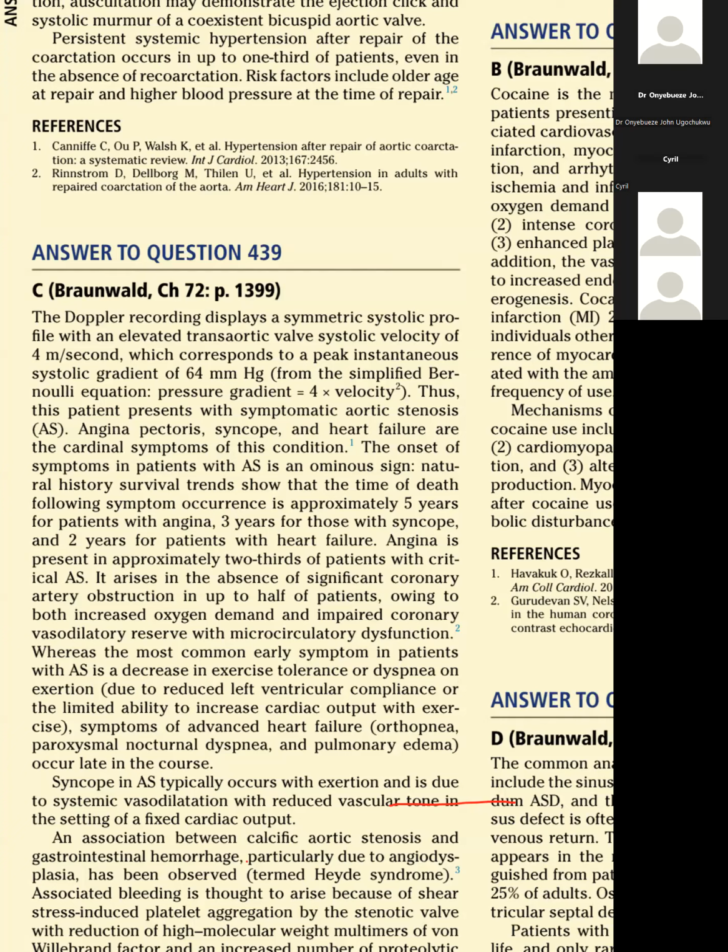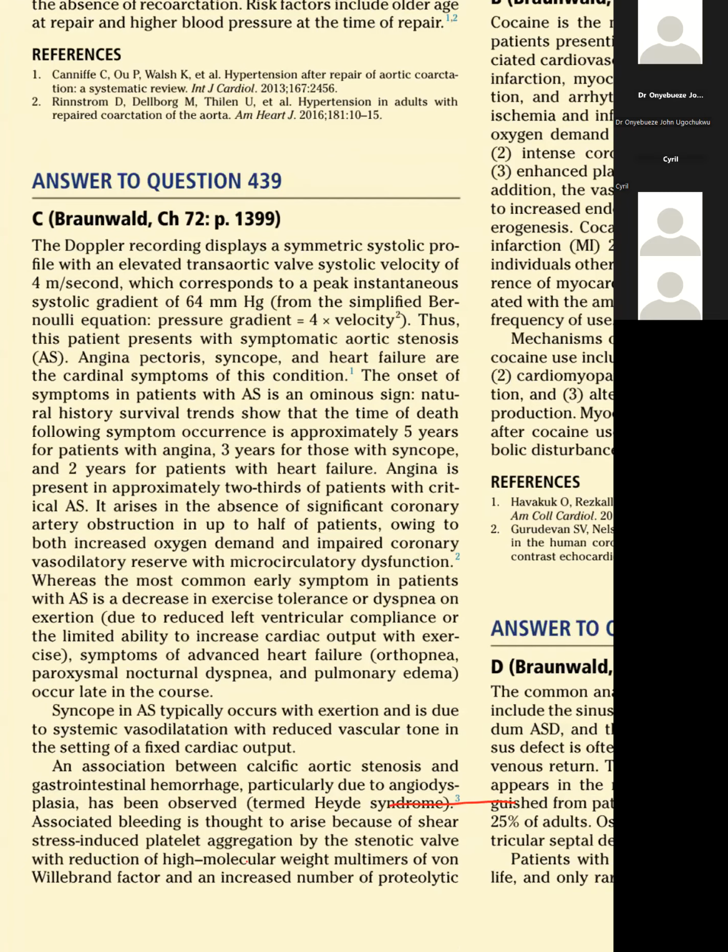Thus, these patients present with symptomatic aortic stenosis: angina pectoris, syncope and heart failure are the cardinal symptoms of this condition.